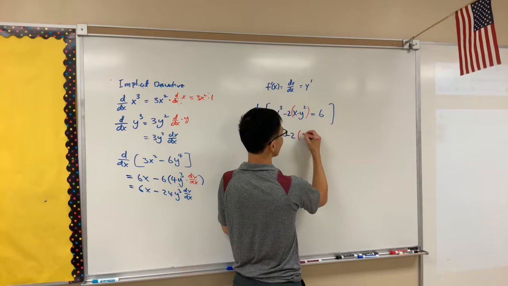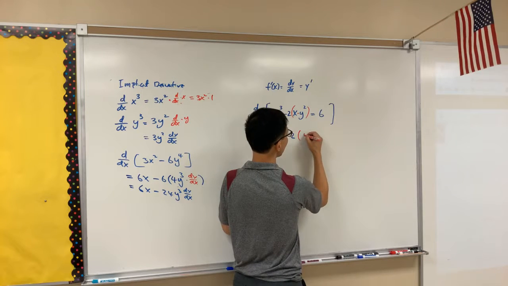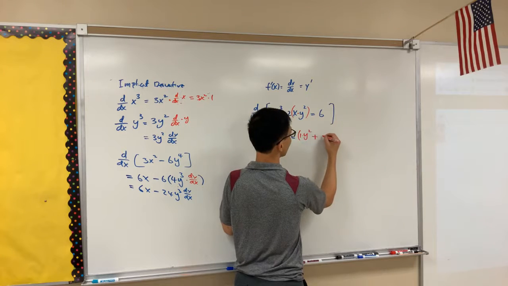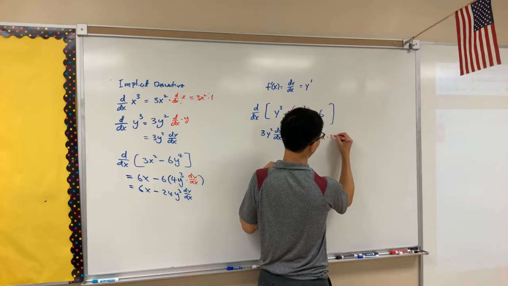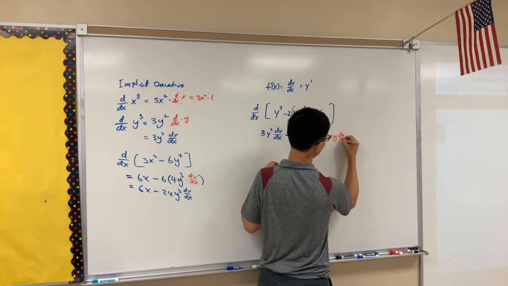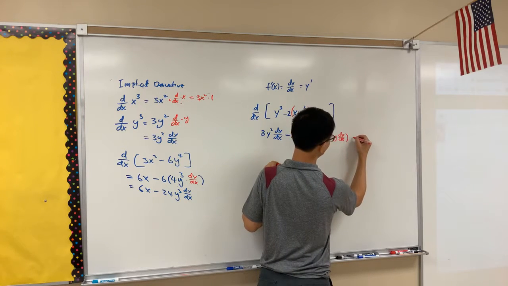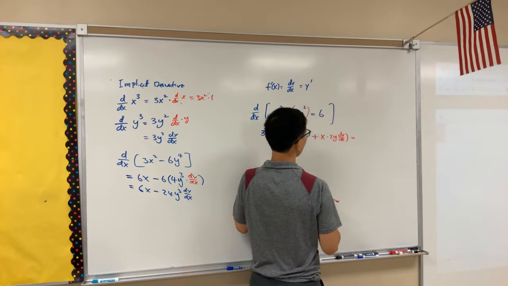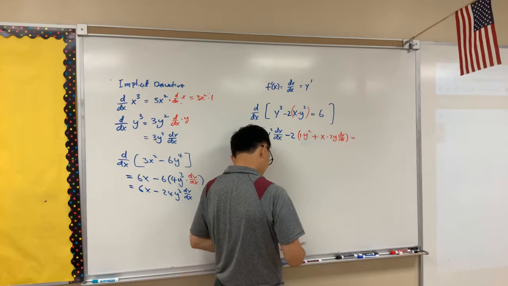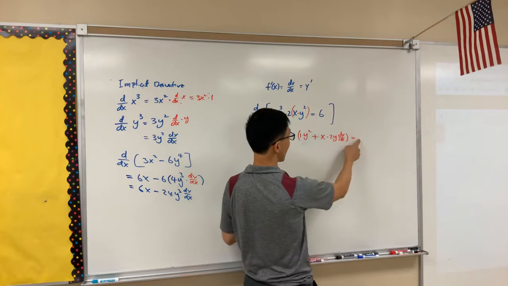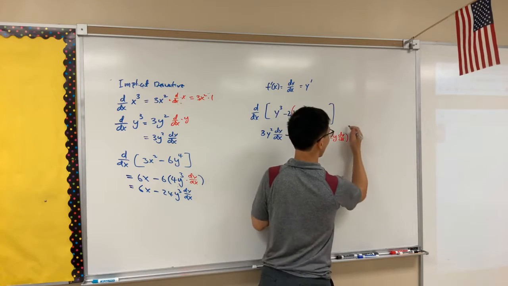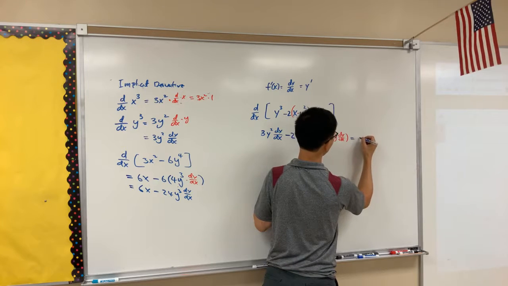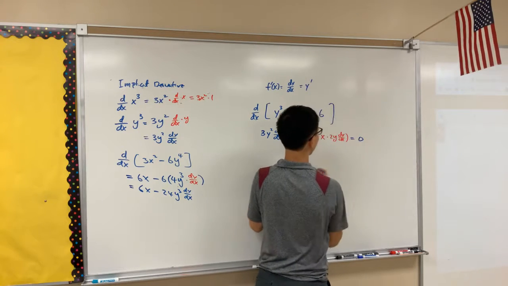The derivative of x is 1, so y squared times 1, plus x times 2y, and then dy/dx. Every time we differentiate y, we have to put dy/dx. Now this side is going to be what? 0. A lot of you guys kind of forget that part. The derivative of 6 with respect to x is still equal to 0.